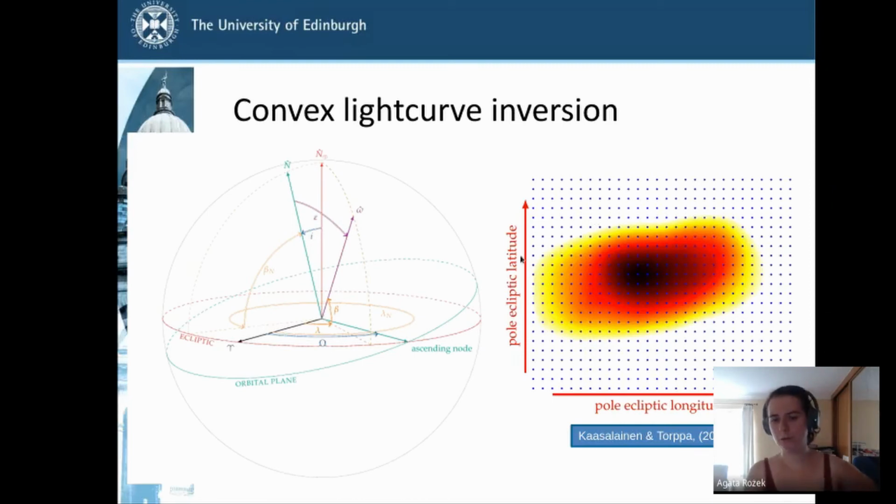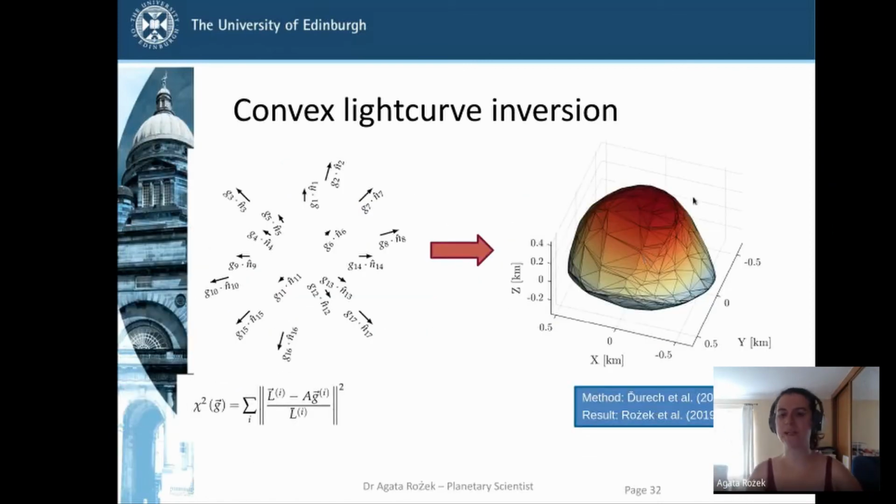So at each point of the possible pole position, I optimize the shape so that it gives the best fit to the light curves. And I compare those across the sky to see which point gives me the best fit of my light curve observations to my synthetic light curves that could be produced by my shape. And I get a three-dimensional shape of the object.